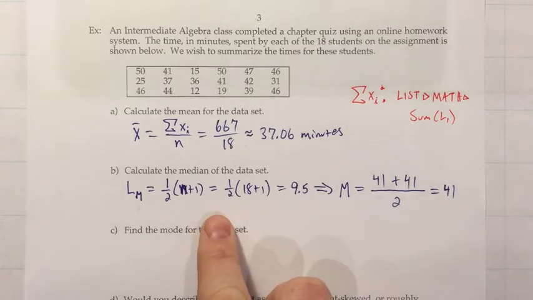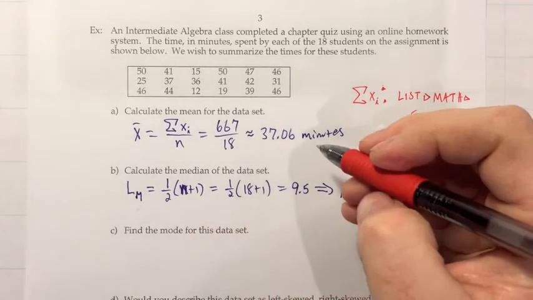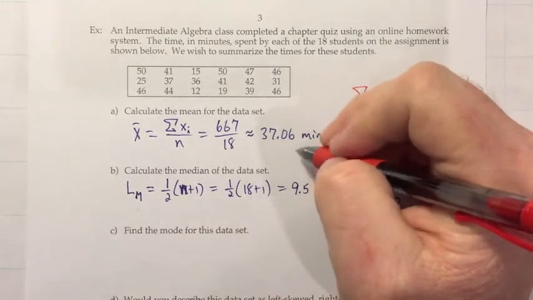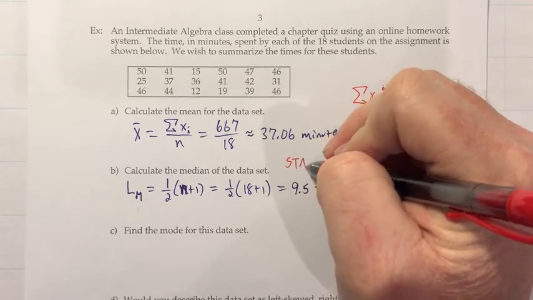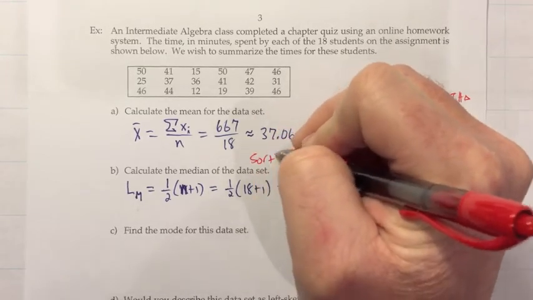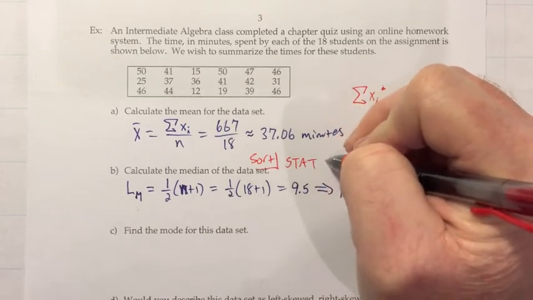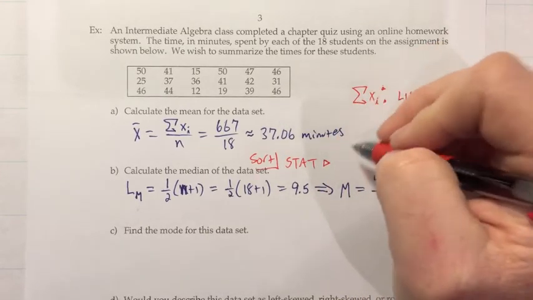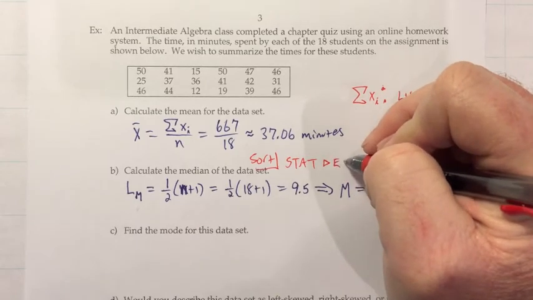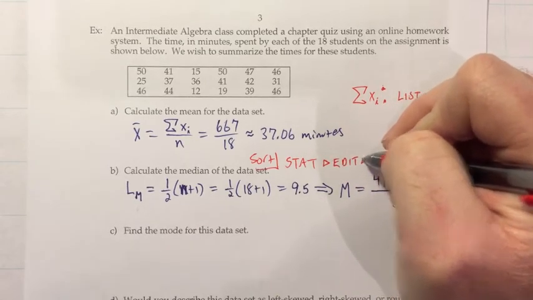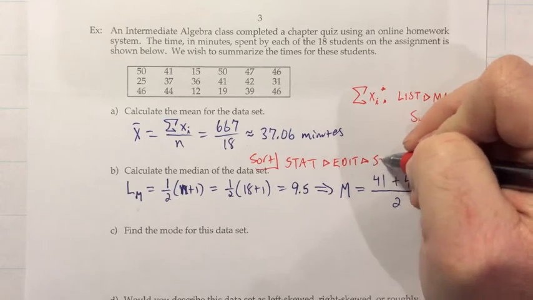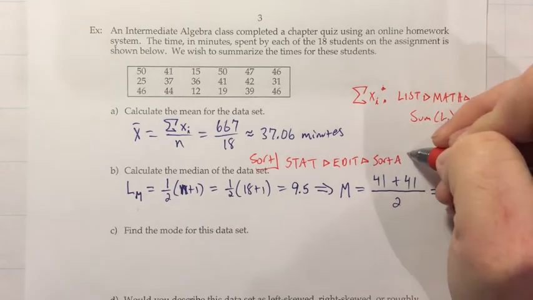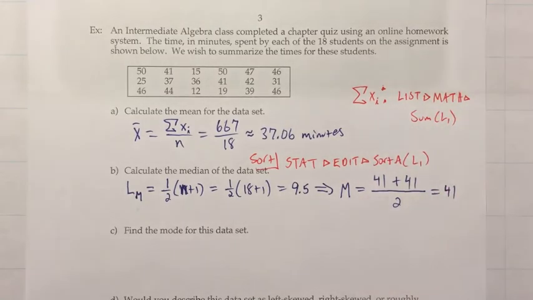And then here we sorted the data for this one. So if you want to do that, we hit the stat key. So this is to sort data. You'd hit the stat key, and then when you're in there, the first option is the edit menu, and you want sort ascending, small to large, and then tell it L1. Okay, so those are the new calculator things we did.